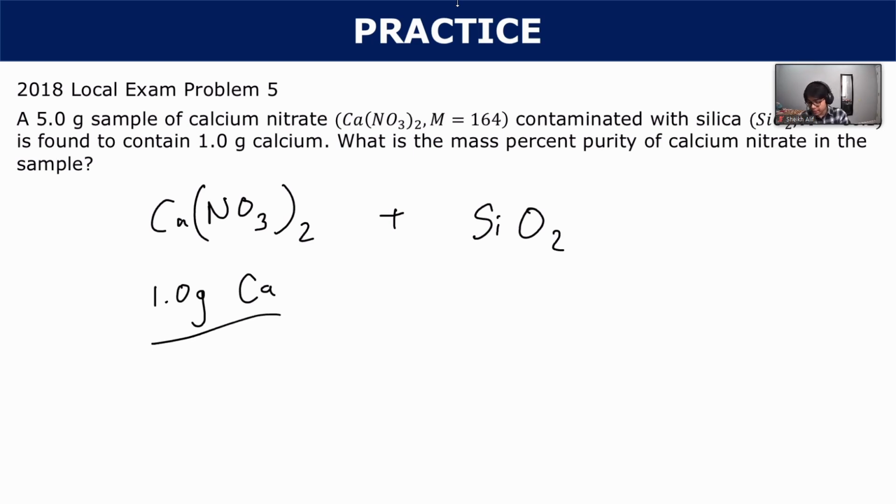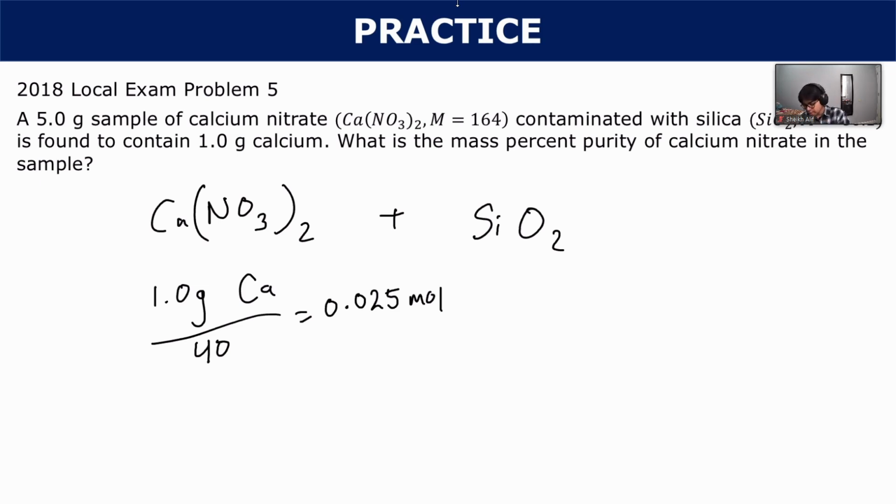The molar mass of calcium is about 40 grams, so we're going to have 0.025 moles of calcium. But you know that in 1 mole of calcium nitrate, you have 1 mole of calcium.